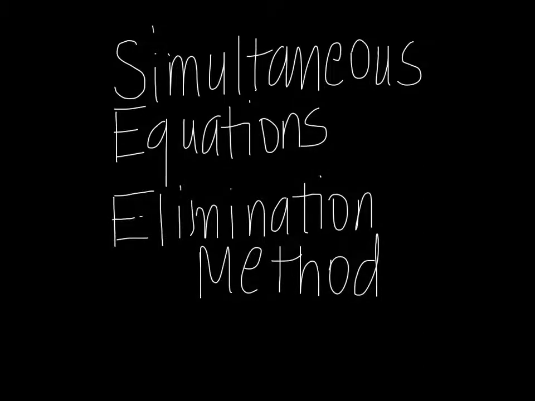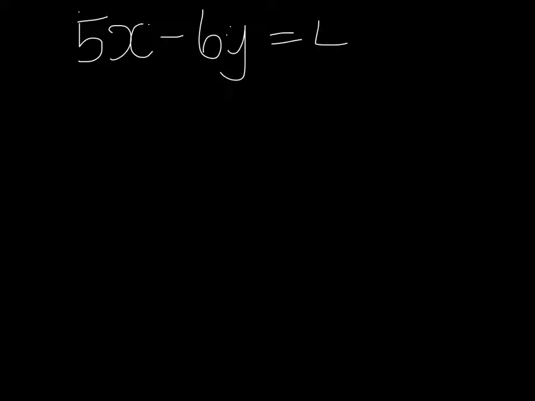Welcome back. We're going to now look at some simultaneous equations, but this time using the elimination method. Our two equations are as follows. First one is 5x take 6y equals 4.